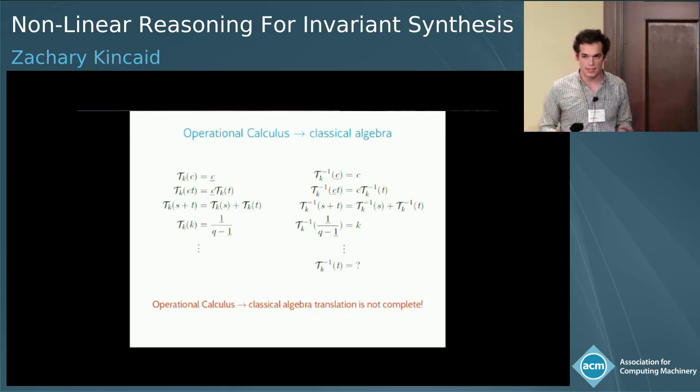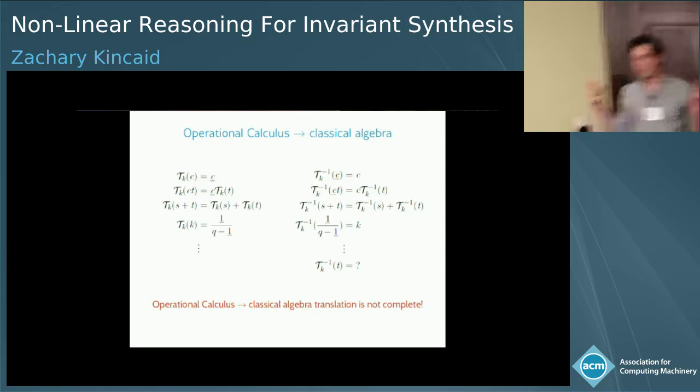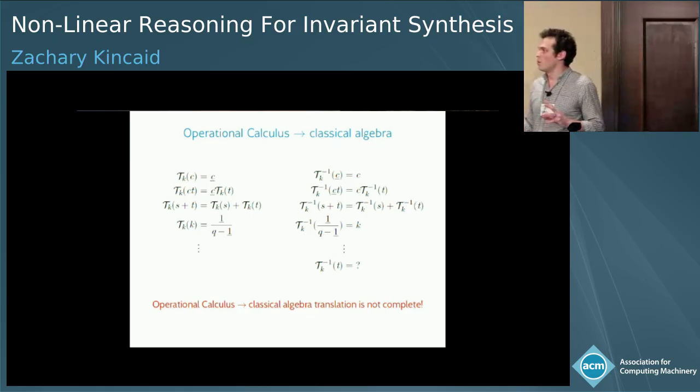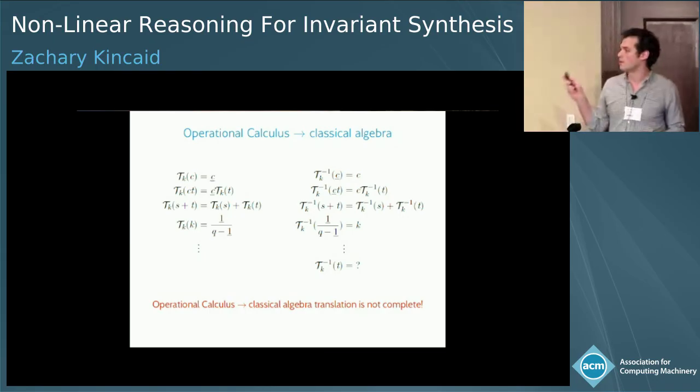And the reason for this is exactly because our version of classical algebra doesn't admit algebraic numbers. So we fail to find an operational calculus translation exactly in the situation that a classical recurrence solver would return a closed form solution that involves an algebraic number. So what do we do with these terms that are untranslatable?